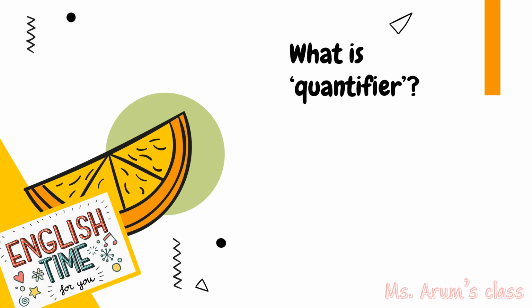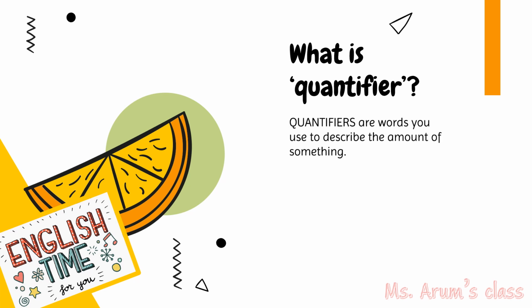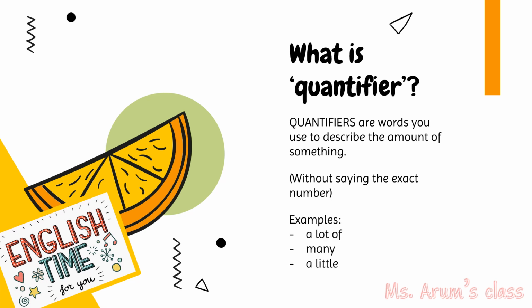To make it more simple, you can say that quantifiers are words you use to describe the amount of something. Okay? If you don't want to say the exact number, you can use quantifiers. Examples: a lot of, many, a little. Okay?